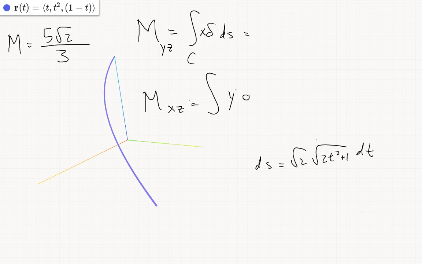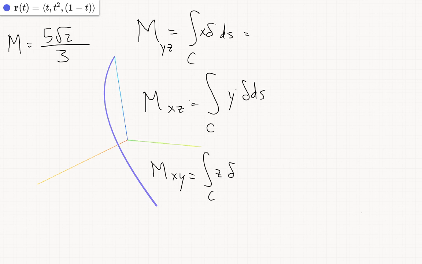Mxz will integrate y delta ds, and Mxy will integrate z delta ds. But our calculation that delta times ds is root 2 times 2t squared plus 1 dt is going to be valid for all of these integrals.